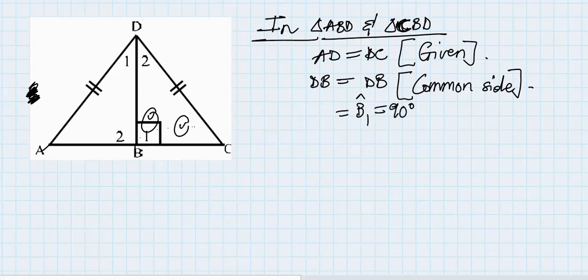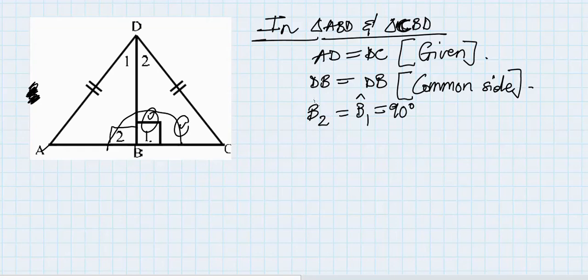Right? So if this angle B1 is 90 degrees, what will make B2 now? B2 is obviously also 90 degrees because if these angles are on a straight line, they're supposed to add up to 180 degrees. So B1 is 90 degrees. It means B2 is also 90 degrees. So let me write here too.